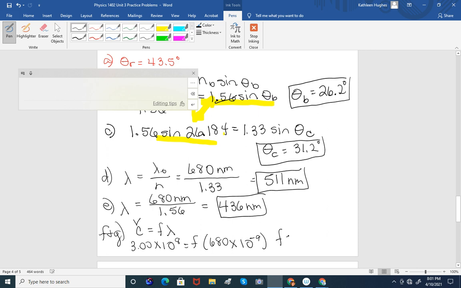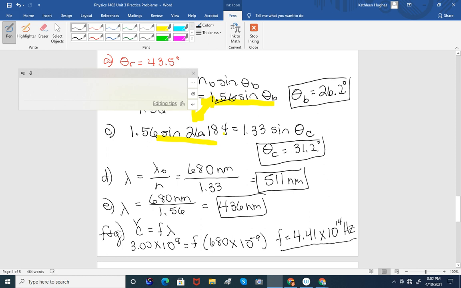If I solve for f, that's going to give me the frequency for water, air, glass, any medium. 3 times 10 to the 8th divided by 680 times 10 to the negative 9 meters. And we get 4.41 times 10 to the 14th hertz.